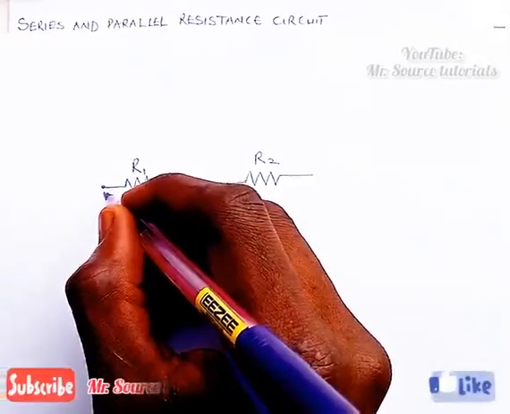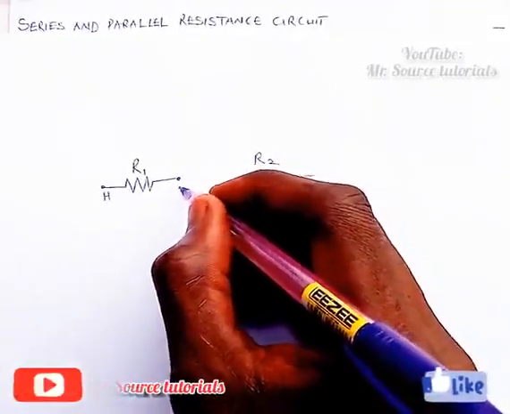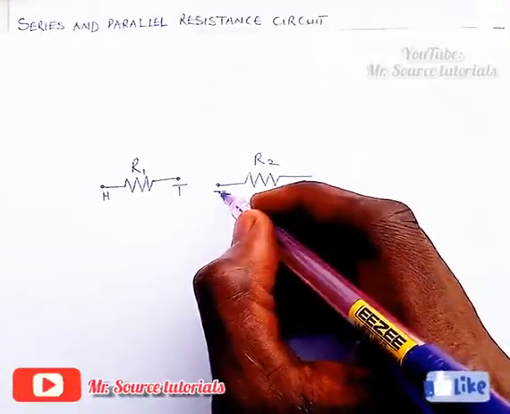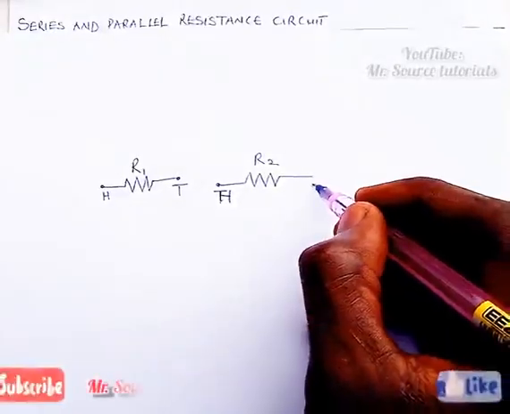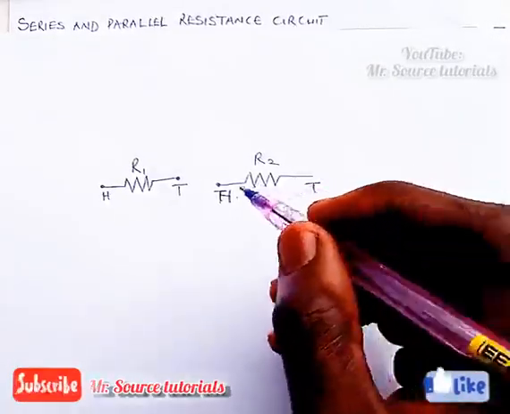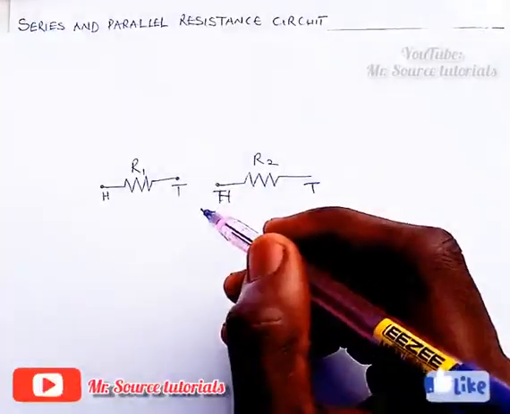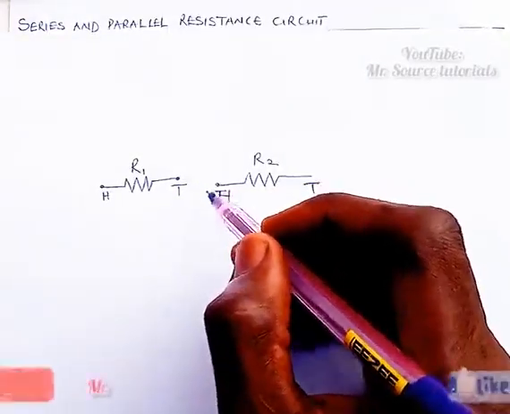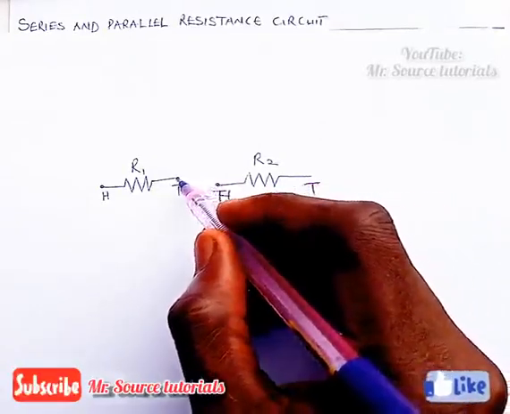Call this end the head, H, and this end the tail, T. When resistors are connected head to tail, that is known as a series connection.